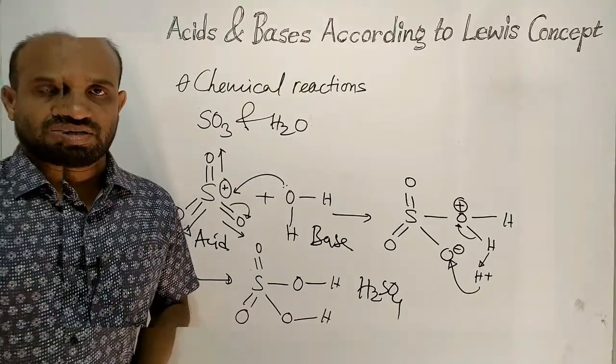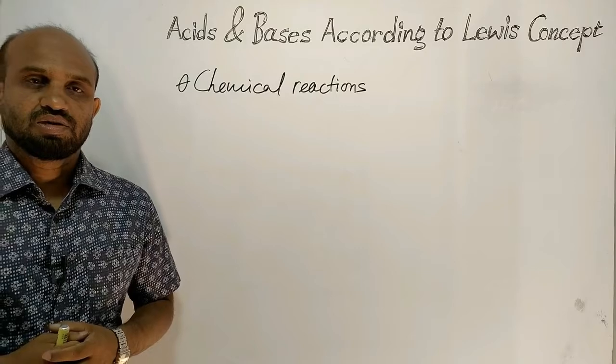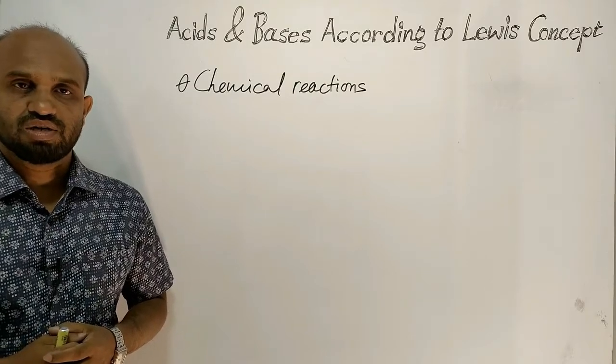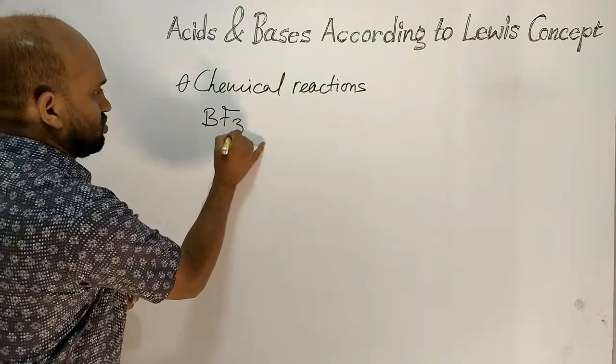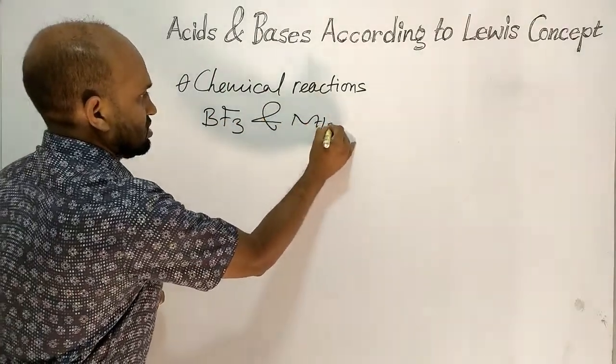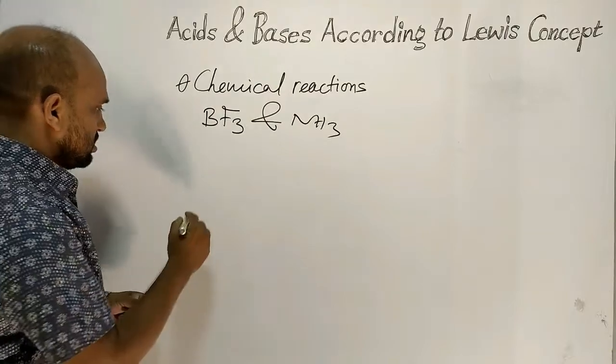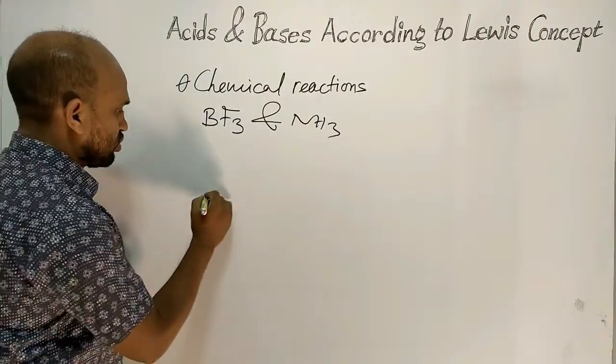Let's see another reaction. Now the reaction is between boron trifluoride and ammonia. Boron trifluoride, this is ammonia. Now let's see the structure formula of boron trifluoride.